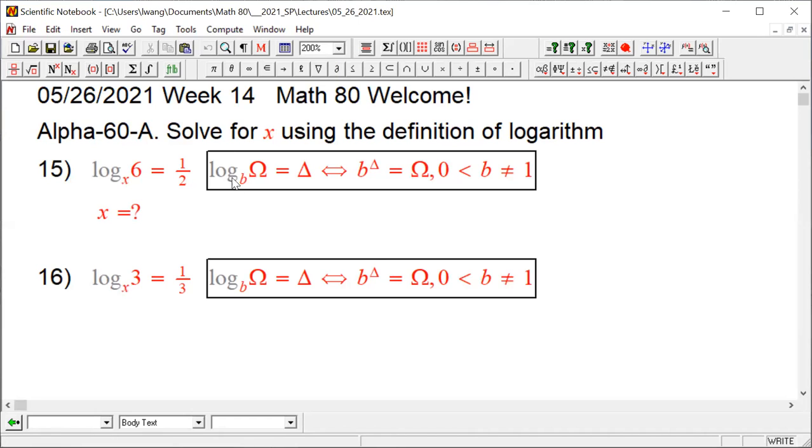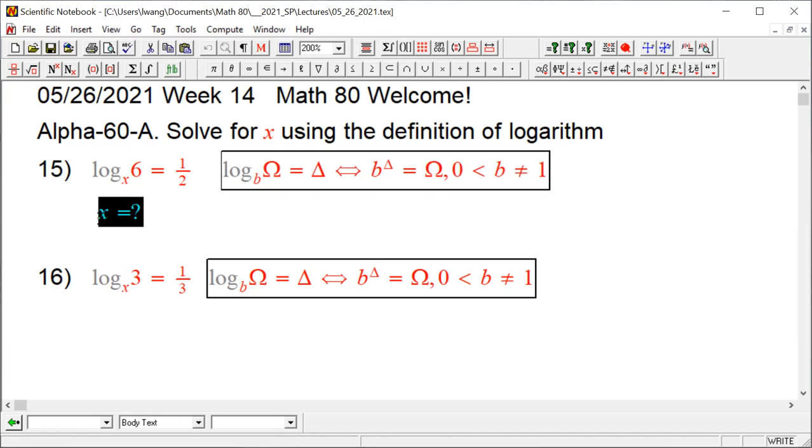It's to be discovered. So we will apply the definition, right? You keep this in mind, that's what we want. And the base is what is to be found. The base must be positive and not equal to 1. And the number at the position of omega is 6.